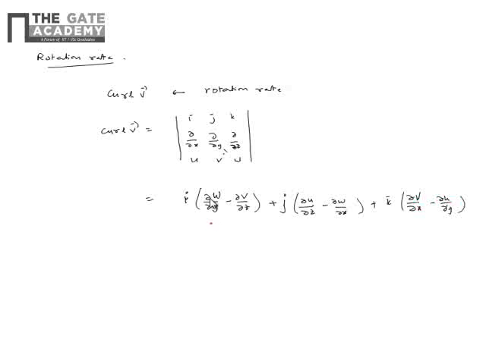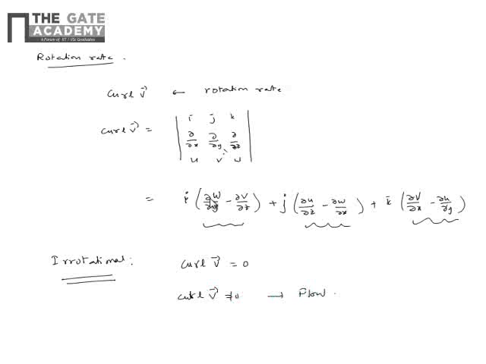So these are the rotation rates about x, y, z. Okay, so when we say the flow is irrotational, we mean that curl V is 0. That is the check for irrotationality. If curl V is not equal to 0, we mean the flow is rotational.